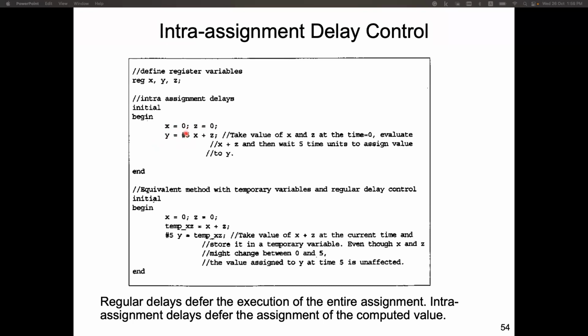But this is put within the statement, intra-statement. The meaning of this statement is that we take the values of X and Z at time equal to 0, then evaluate X plus Z and wait for 5 time units to assign the value to Y.